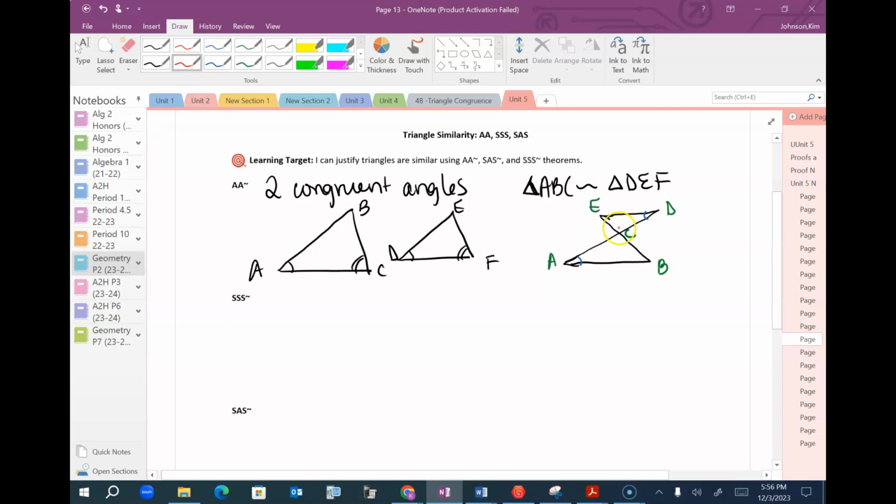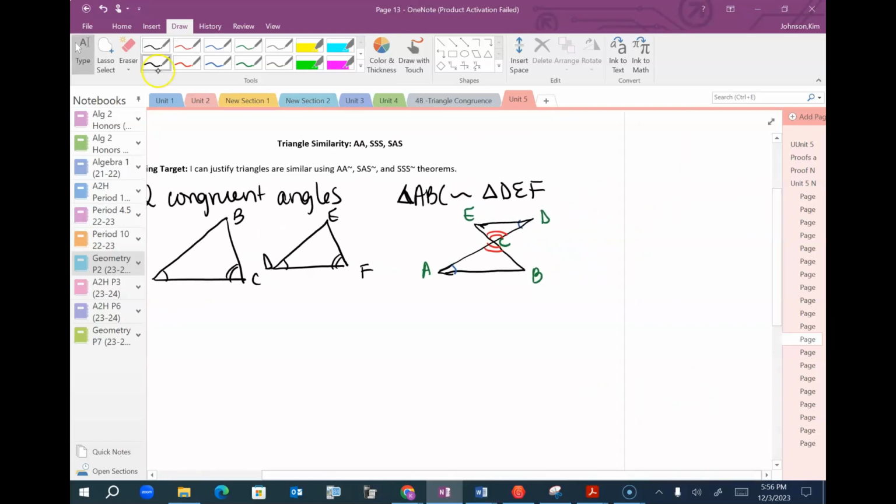I know because at angle C these are vertical angles, that angle ACB and angle DCE will be congruent. So by looking at these two triangles, I have two angles marked congruent in triangle DCE and in triangle ACB. So I can say that triangle ACB is similar to triangle DCE.